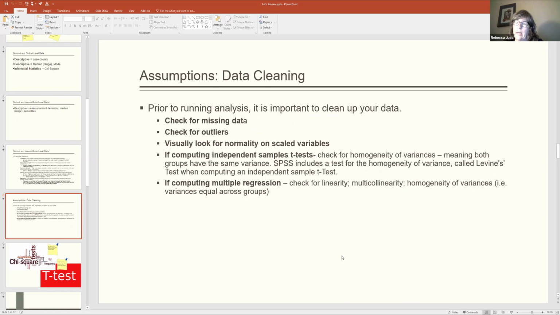The multicollinearity, when we looked at that last week, we looked at those collinearity diagnostics. In regression, you want your independent variables to be correlated with your dependent variable. So you want each independent variable that you're checking with your dependent variable to have a correlation.